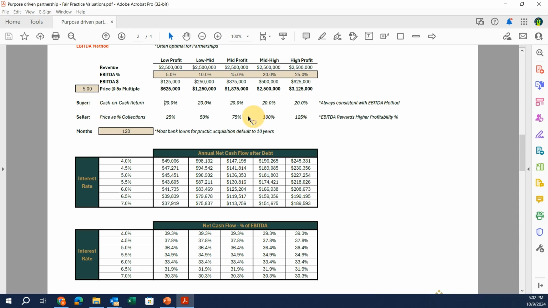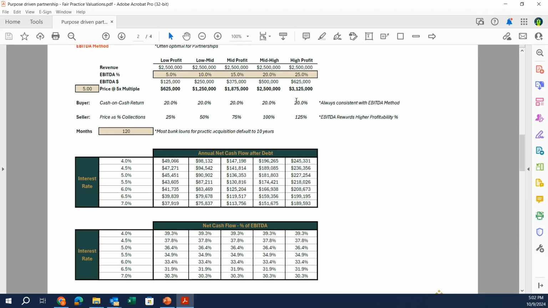Buyers do not need to worry about the percentage of collections that they paid. It is okay to pay 100% or even more than 100% of collections if you're generating an adequate cash on cash return.